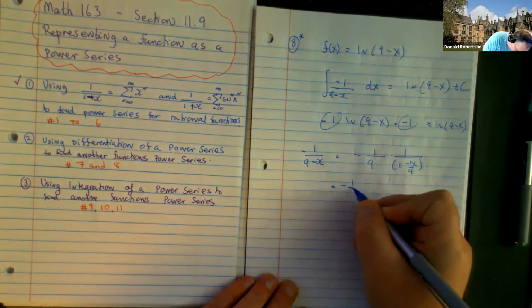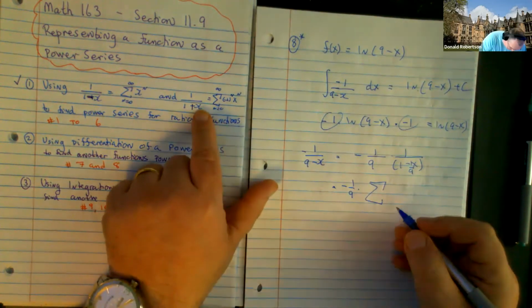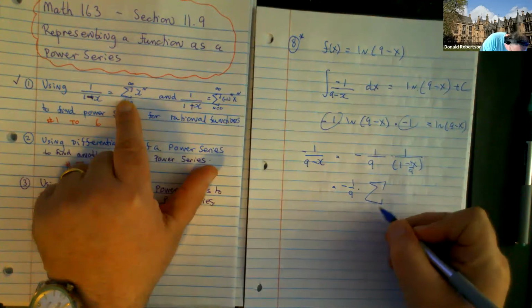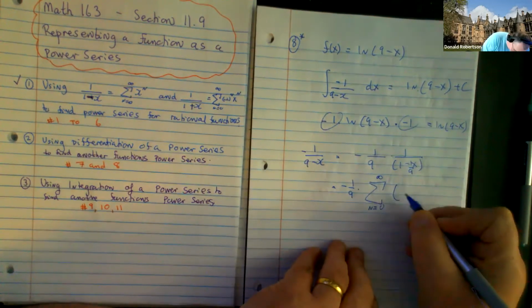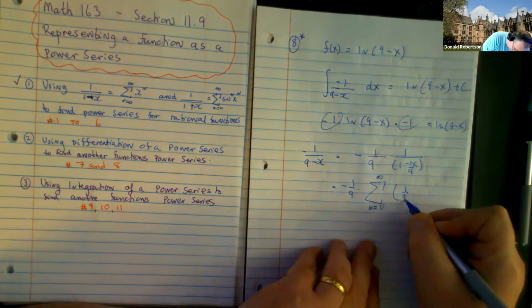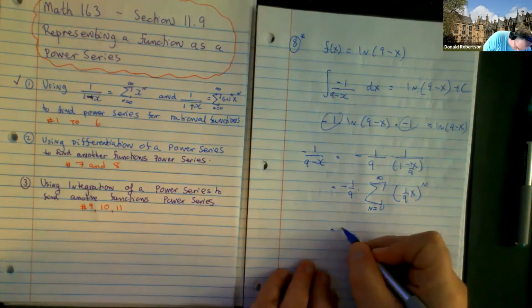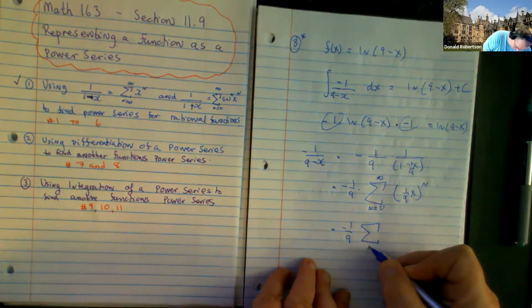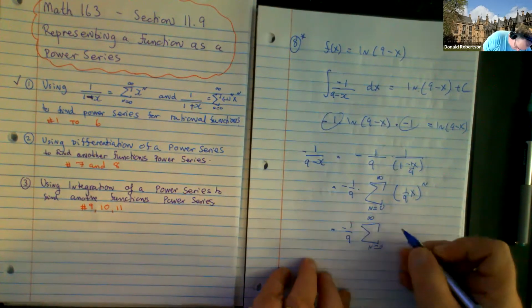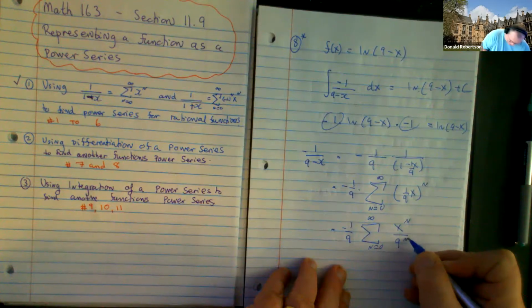That's going to be 1/9 sigma. Now I can use the 1 minus x guy, which is this fella. So it's going to be n equals 0 to infinity, 1/9 x to the n, x to the n over 9 to the n.